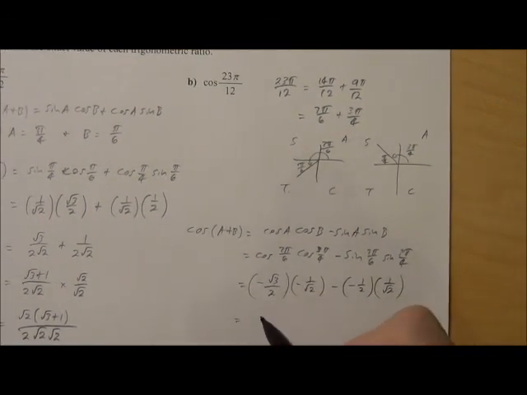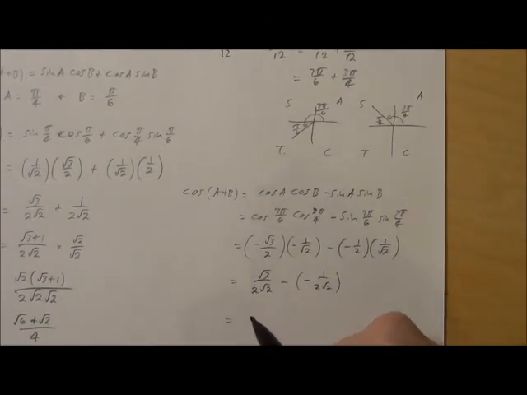Then we just multiply these together, so we get root 3 over 2 root 2 minus, we multiply those, we get negative 1 over 2 root 2, which gives us root 3 plus 1 over 2 root 2.